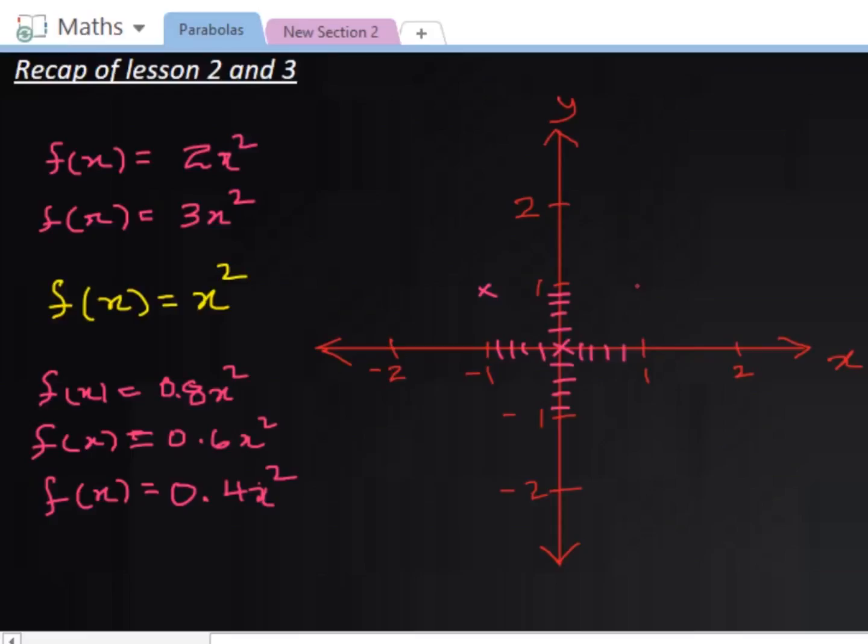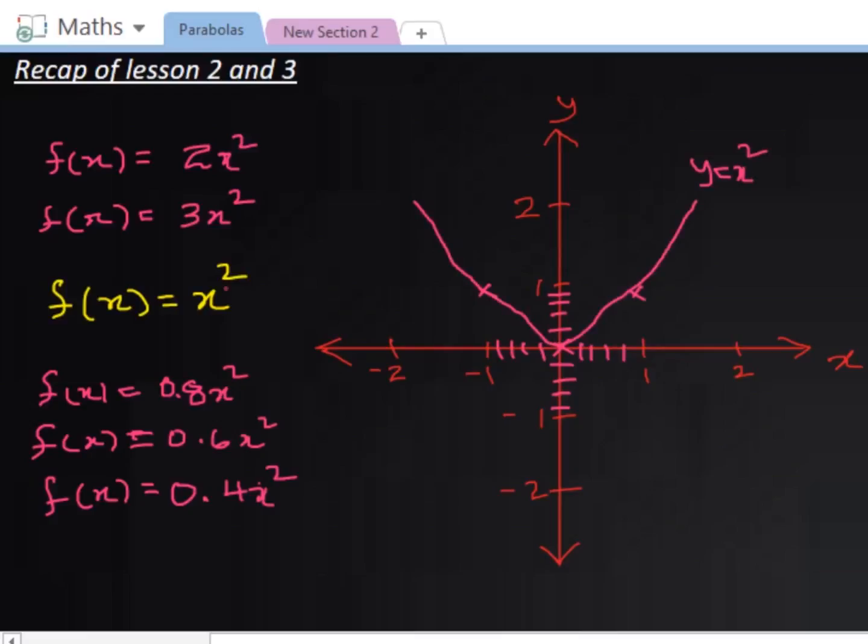And we went ahead and joined our 3 points to get the parabola y equals x squared. We have now plotted the function f of x equals x squared.